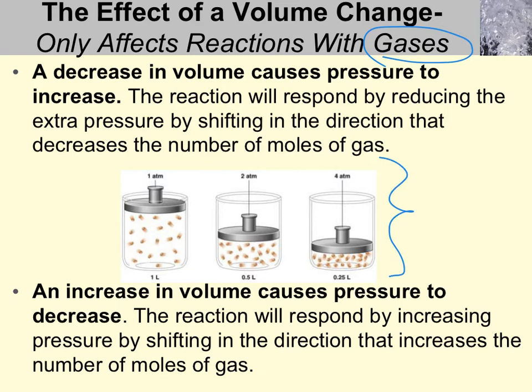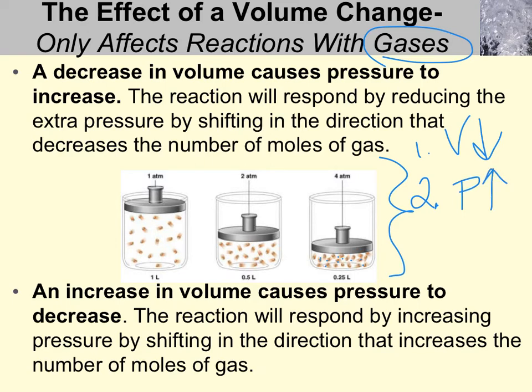What are we doing to volume? Okay, so we are decreasing volume in all of these. What does that do to pressure? Well, I'm hoping you're following still. If you decrease volume, if you scrunch all these same molecules down into a smaller space, pressure is going to increase, right?